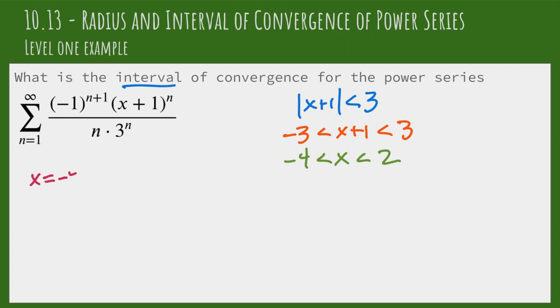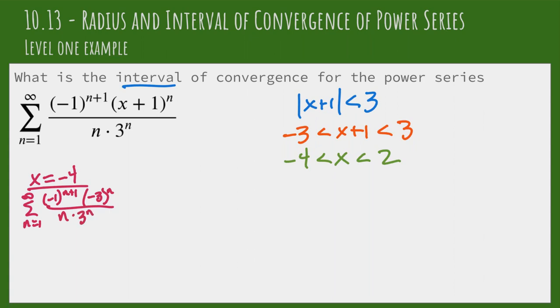So I'm going to say x equals negative 4. And I'm going to rewrite this power series here, replacing the x with a negative 4. So we have the sum from n equals 1 to infinity of negative 1 to the n plus 1. When we plug negative 4 in for x here, we're going to get negative 3 to the nth power over n times 3 to the n.